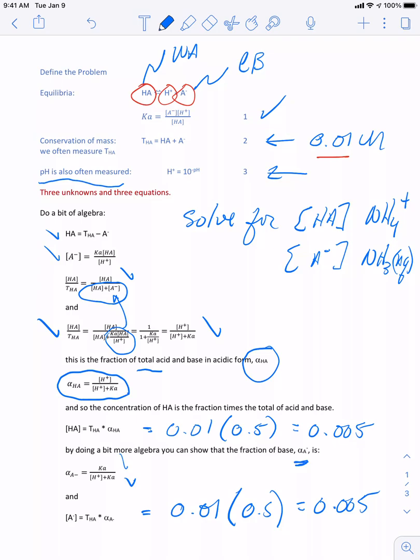Now, the last thing I should say is the 0.5 in both of these is calculated, and so you'd have to plug in the H plus into these expressions. Ka is known to calculate that fraction. So that will be part of your first homework assignment, will be to calculate the fraction of NH4 plus and NH3 in a sample with known total ammonia.